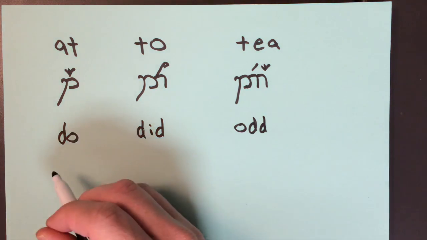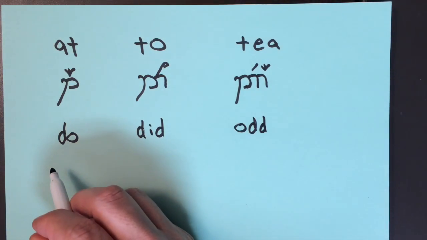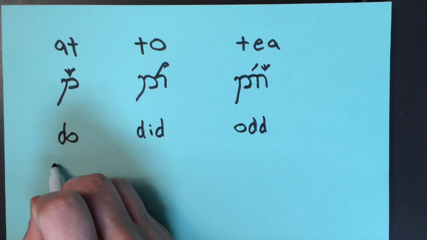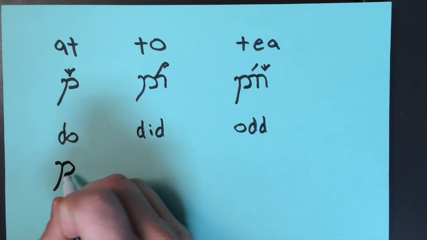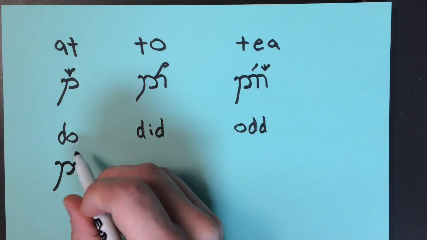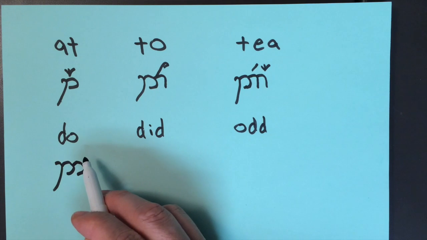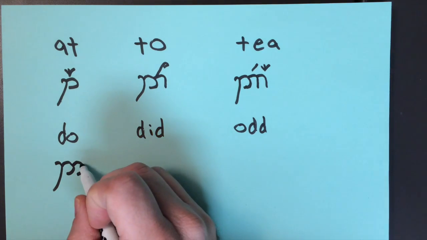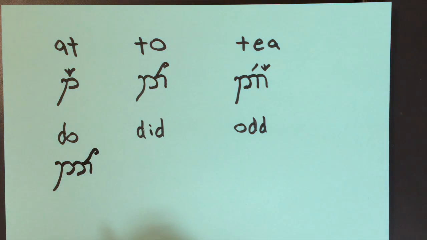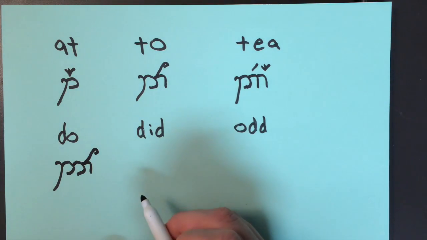To write these, we're going to do the D consonant, and it looks like this, just like the T, except you add an extra little loop there. So then to get the O vowel added to this D, we're going to add a carrier and draw our loop, just like that.